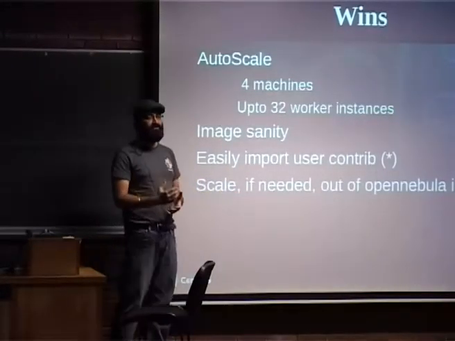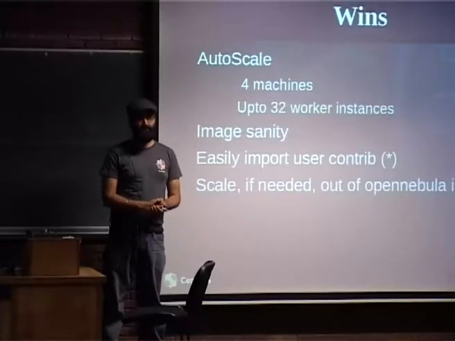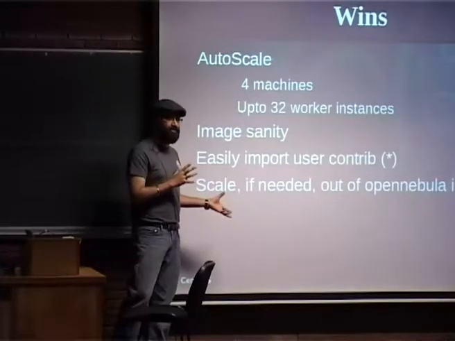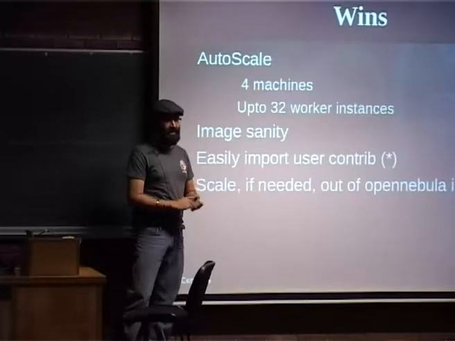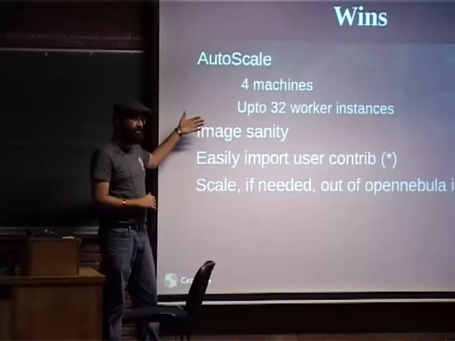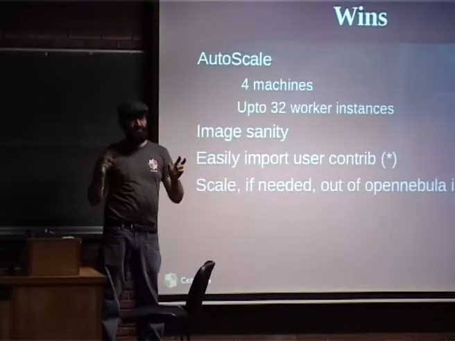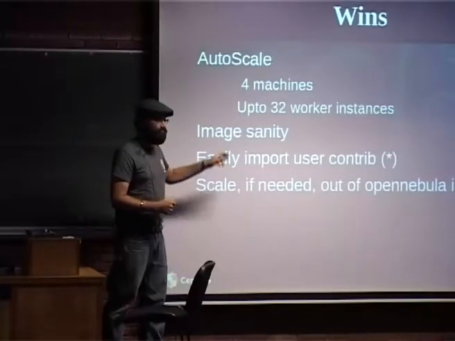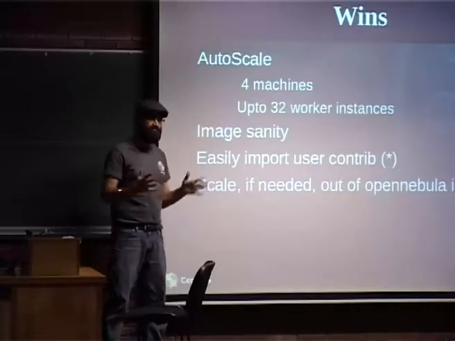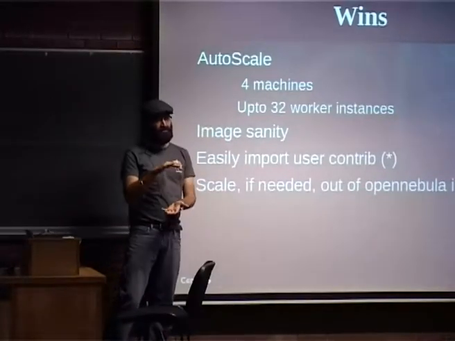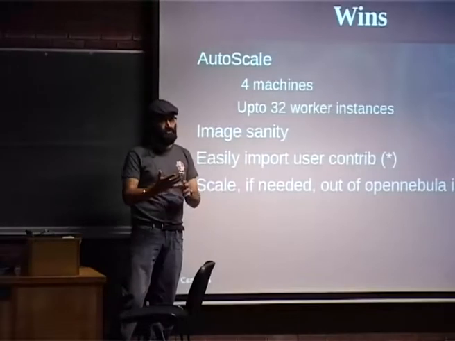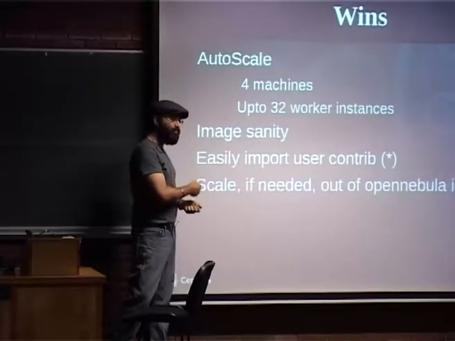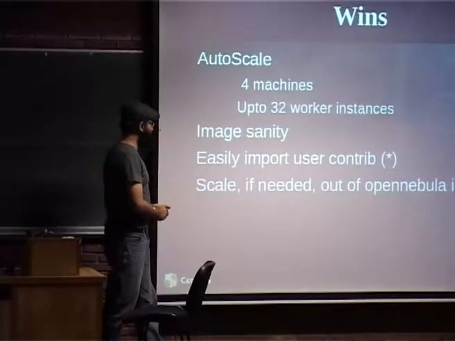For example, when CentOS 6.4 comes out, for the first 2 days we're going to have 32 instances just doing build work. And as those builds start getting converted to RPMs, our Zabbix interface will start migrating those into QA instances. We'll see those 32 workers go down in number and the QA instances come up, which is all of those, the GNOME desktop, the KDE desktop. And every RPM set gets tested independently.